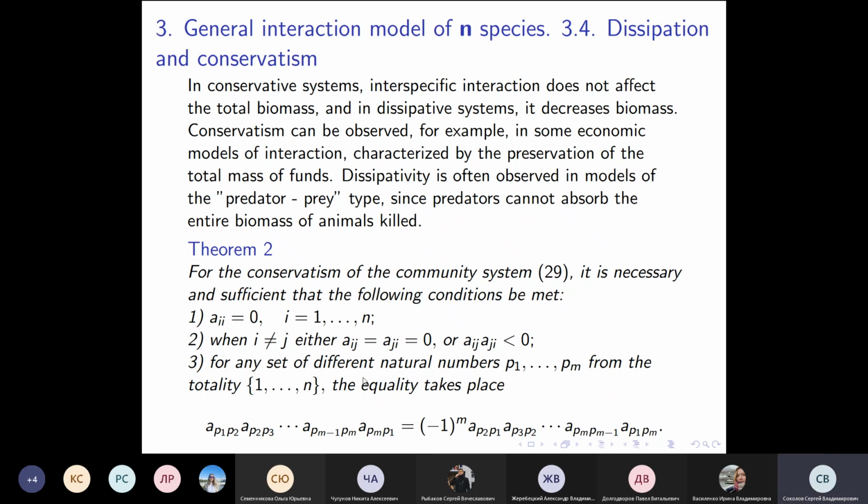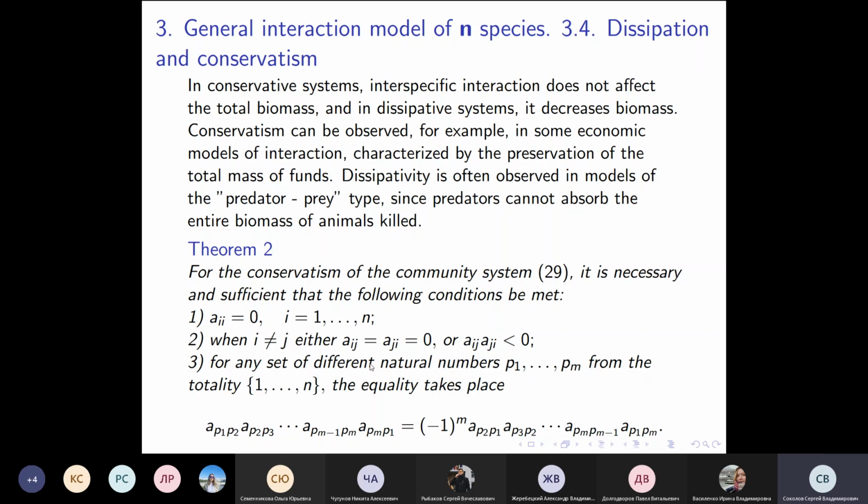And moreover, for any set of different naturals p1, ..., pm, the following equality must take place.